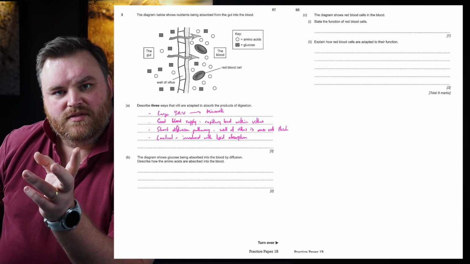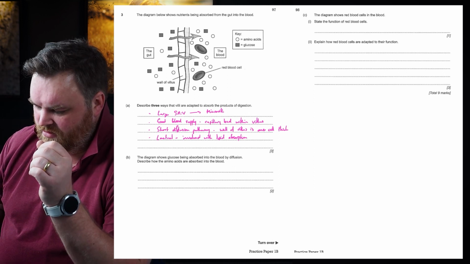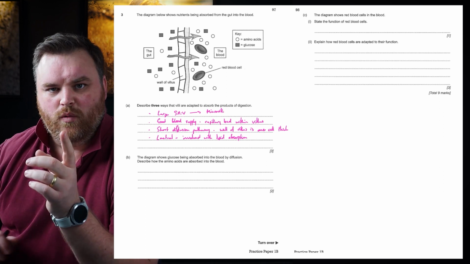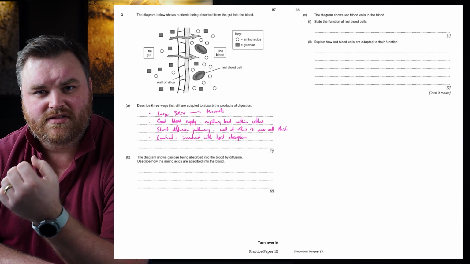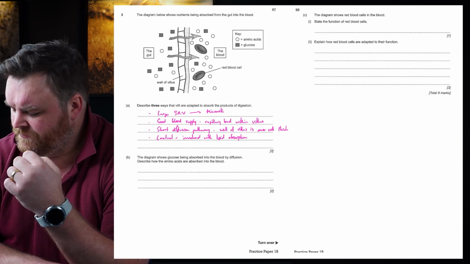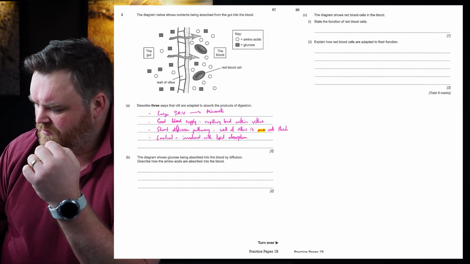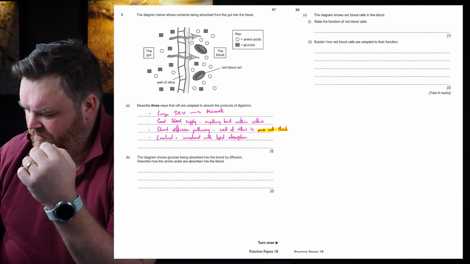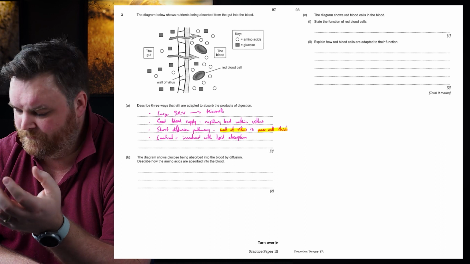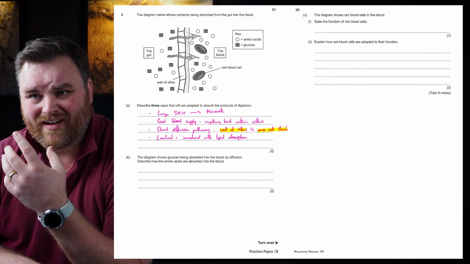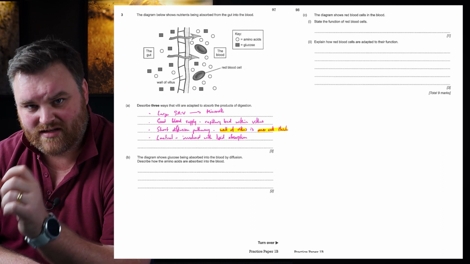Okay, one thing to point out on here, the short diffusion pathway, this is where one of our most common, I wouldn't say misconceptions, but errors in phrasing comes in. It's here when we say 1 cell thick and the wall of the villus. This comes up over and over again. So whether it's a villus or an alveolus, avoid the phrasing cell wall.